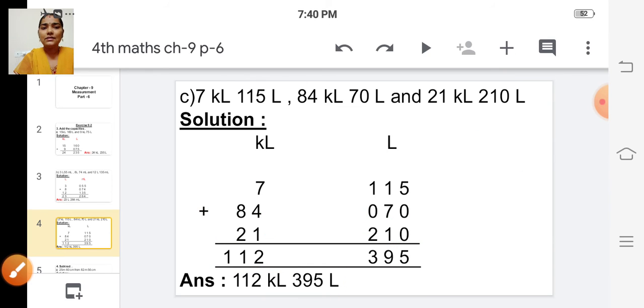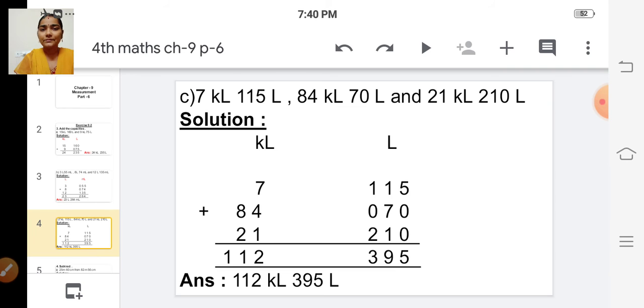Is it clear? Yes. So first you have to separate the units, and then you have to write the values below their units. And be careful while writing the numbers. You have to write the numbers according to the place value.